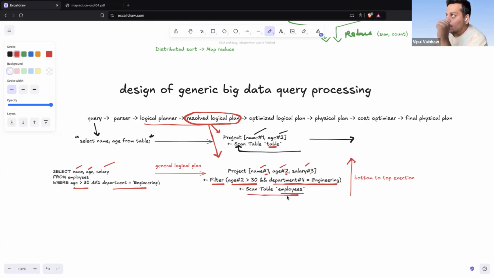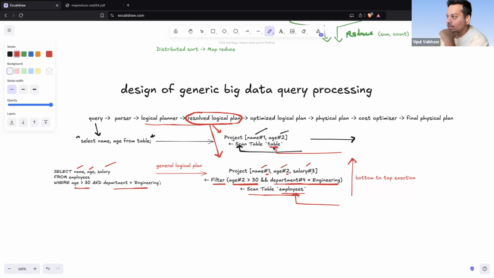In an unresolved logical plan, where to get the table from, that information is not available. So let's say your table is in some Parquet file on S3, that address will get here in the resolved logical plan. This itself is an important step, but I'll talk about it a little later.